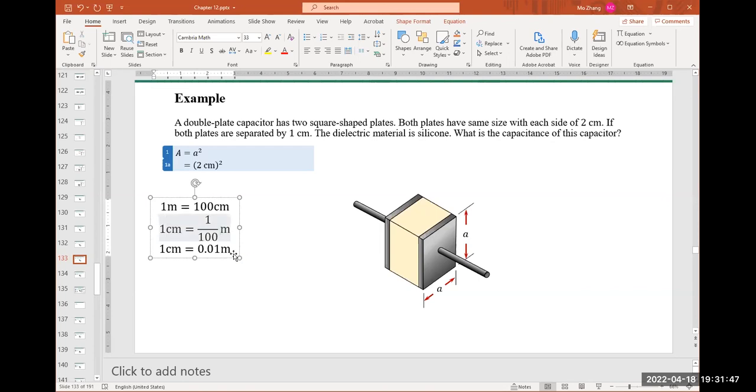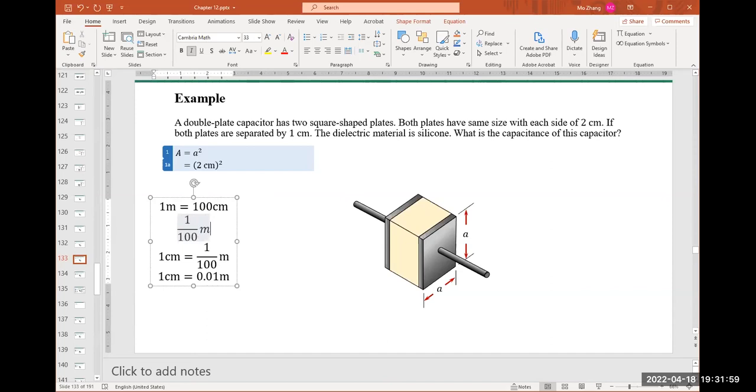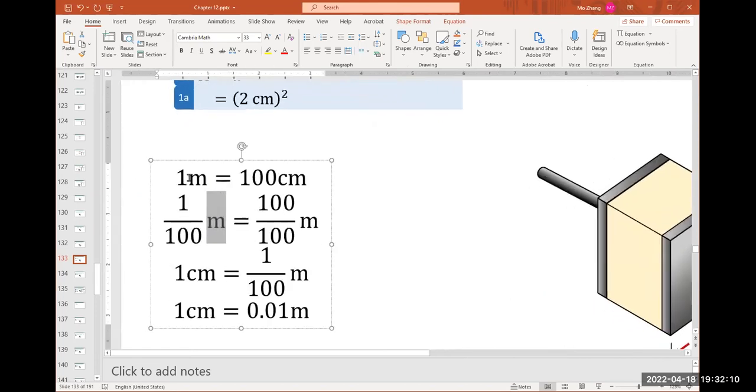So we can do the following. We can divide 100 on both sides. Let me add one more step. So 1/100 meter equals 100/100 meter. From step 1, we divide 100 on both sides of the equation.